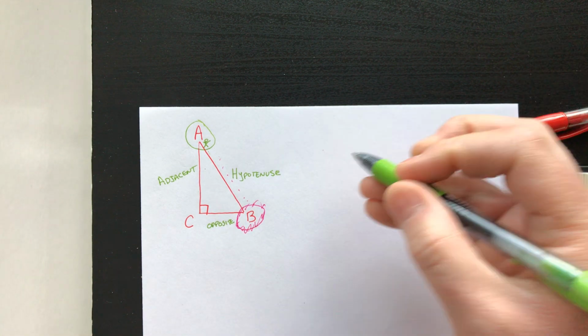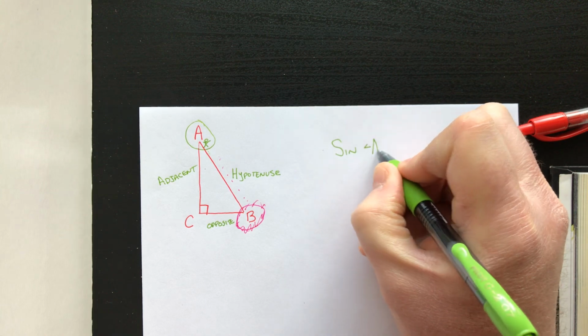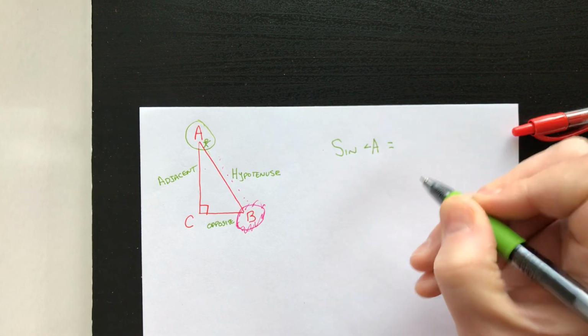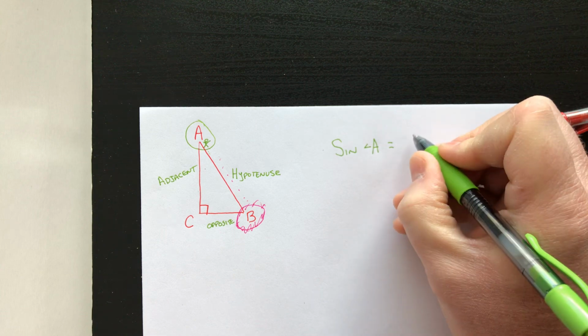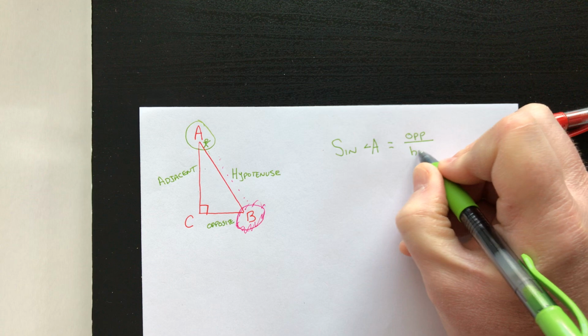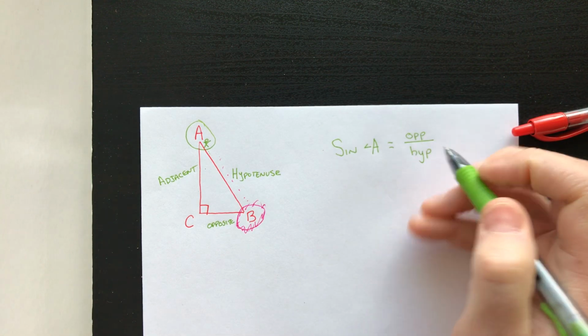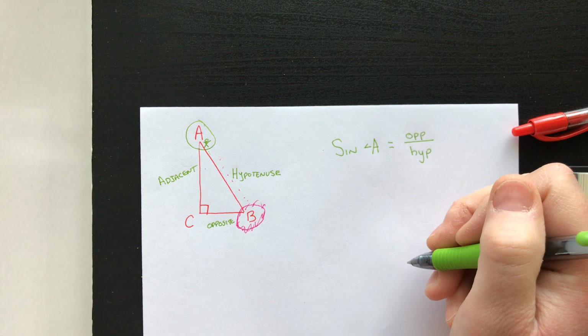Well, the sine of angle A, all right, is equal to opposite side over hypotenuse, or O over H, okay?